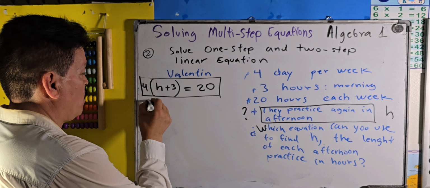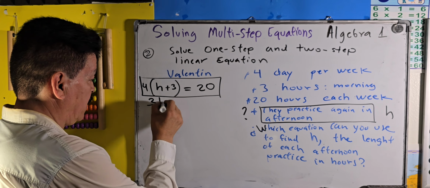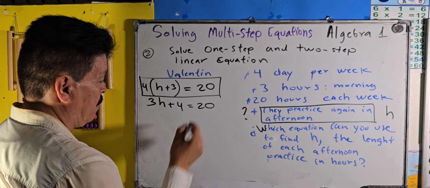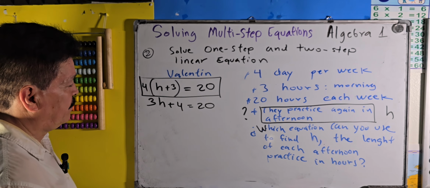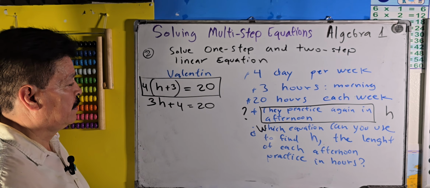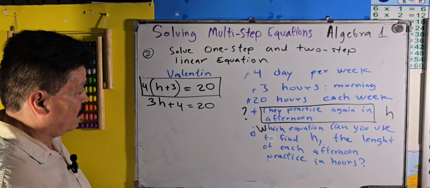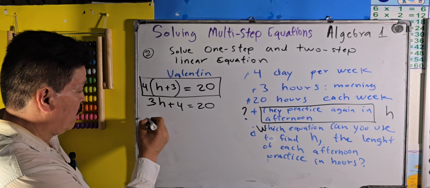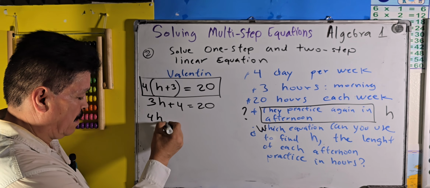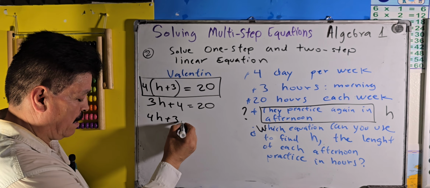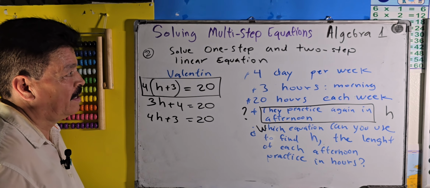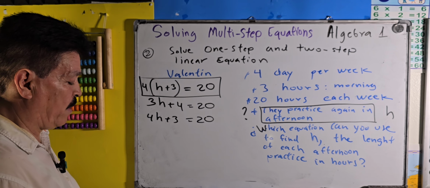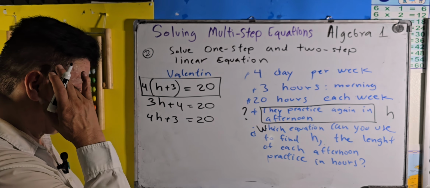So you write it right here: 4 times h plus 3 equals 20. Our problem here is a one-step and two-step linear equation. Well, it's a word problem, right?